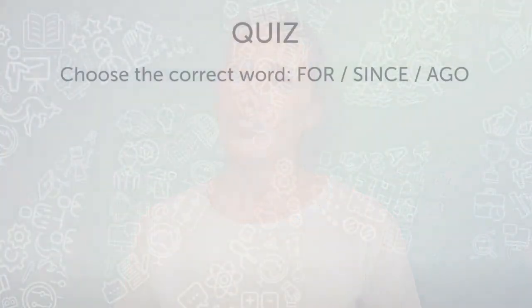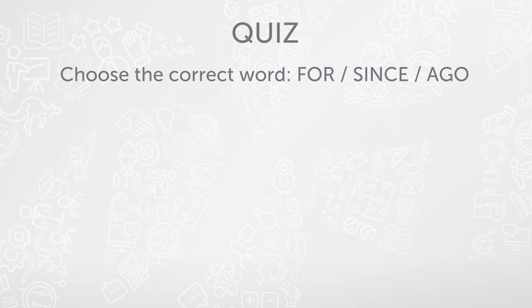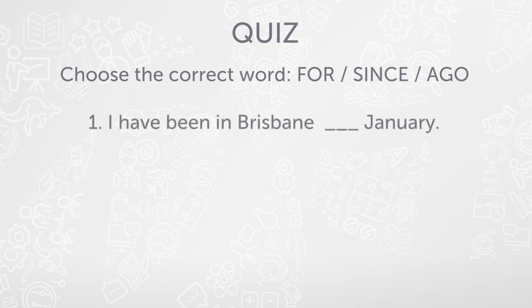Okay, just to make sure you have learned all of this back to front, let me give you a little quiz. Don't worry, you don't have to move. Just listen and think of the answer in your mind. Question 1. Choose the correct word. For, since, ago. I have been in Brisbane January.